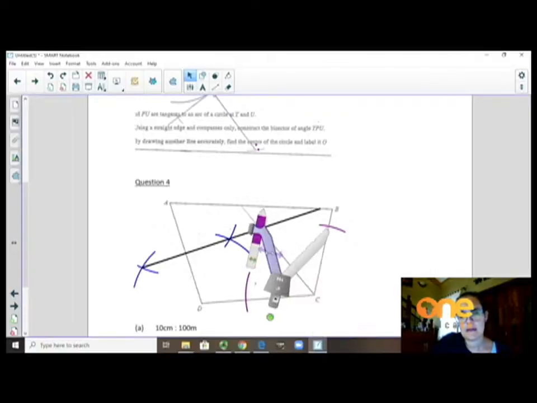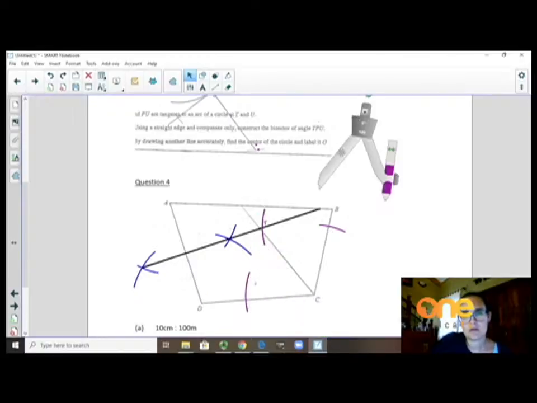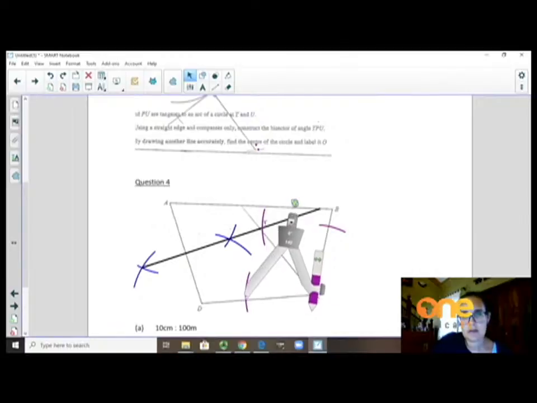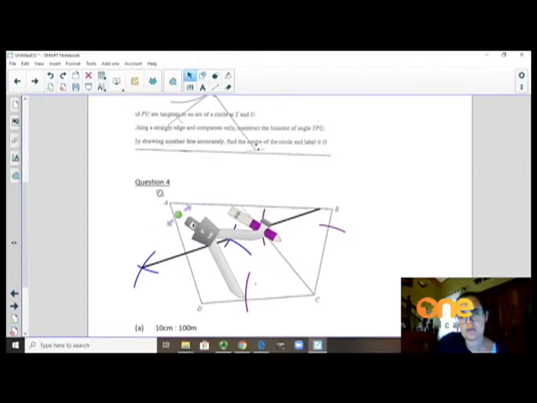And then we will construct our other lines. Let me just try and get this exactly where it should be.